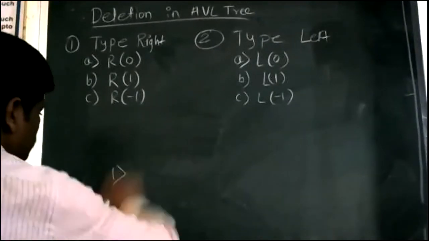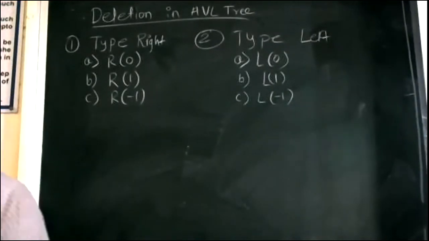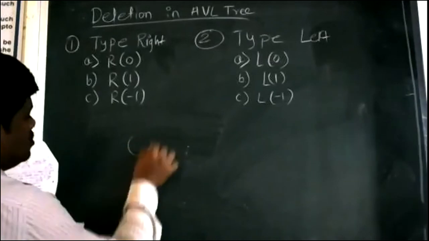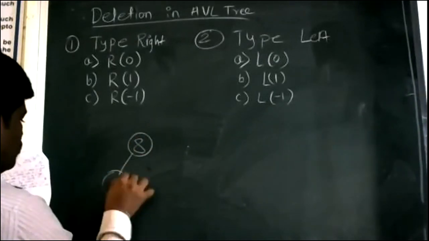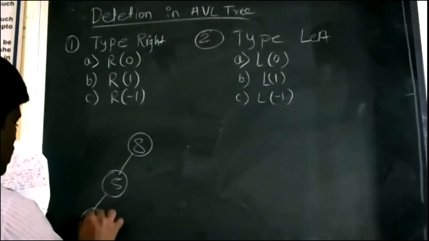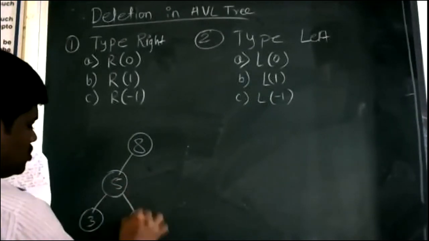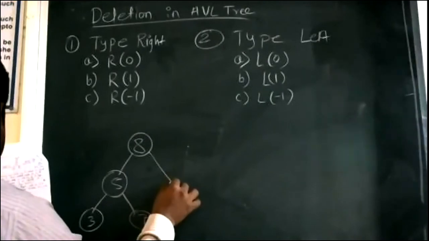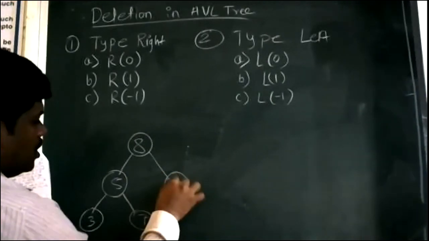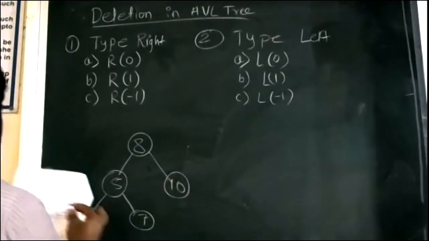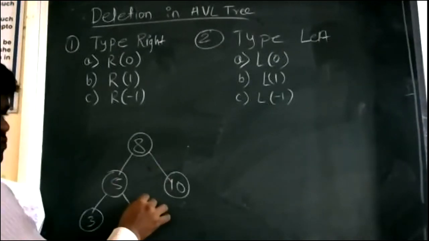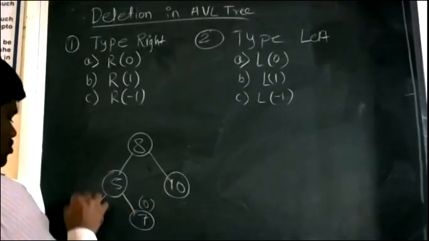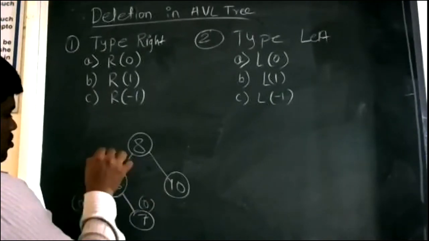Now first, I'll draw one simple diagram. So 8, 5, 3, 7, and 10. So what is the balance factor of 7 here? 0.